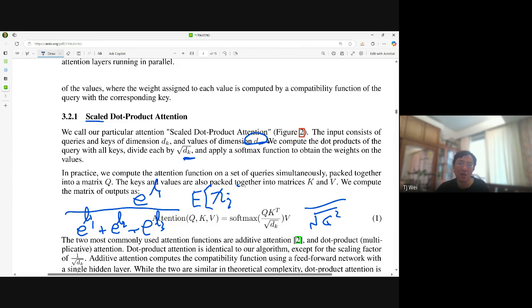Their mean is 0. Suppose their variance is sigma squared. Then the summation of n of them is going to be n sigma squared.